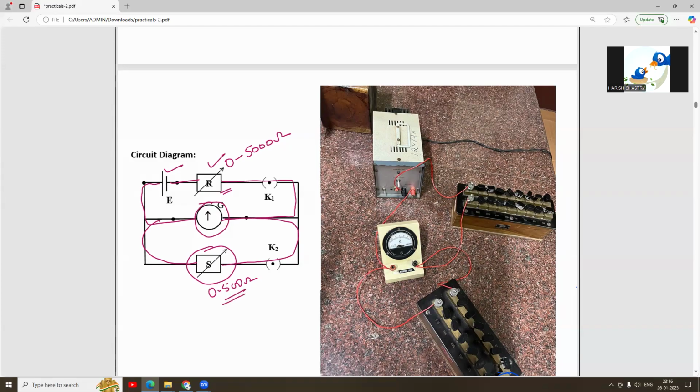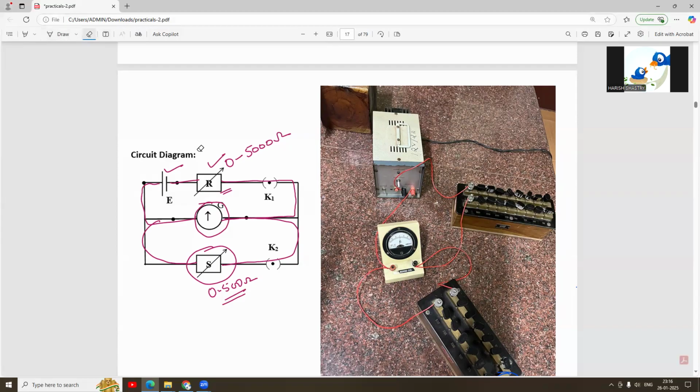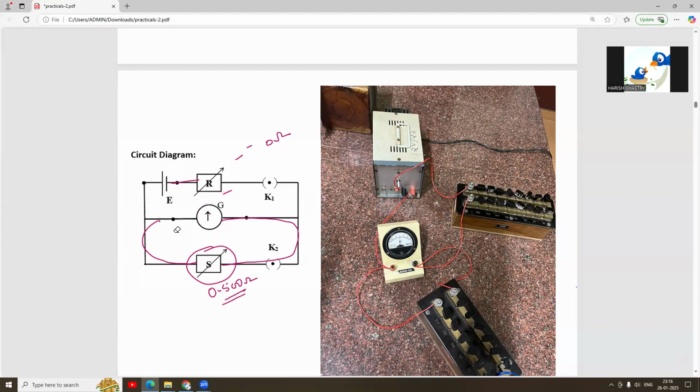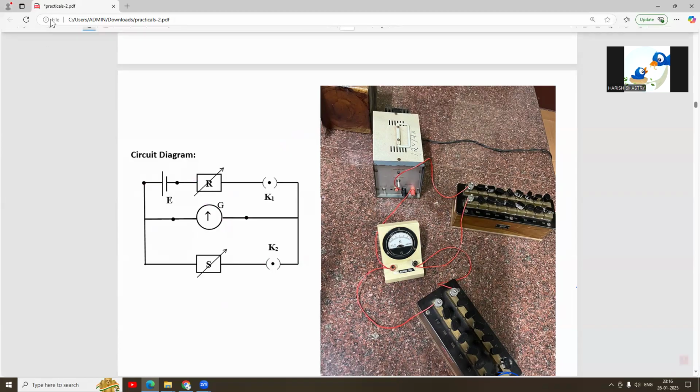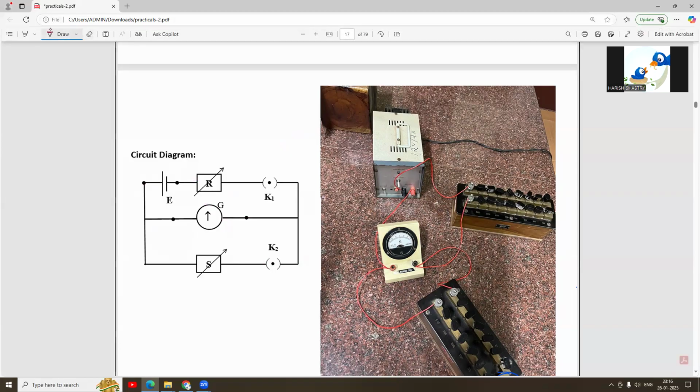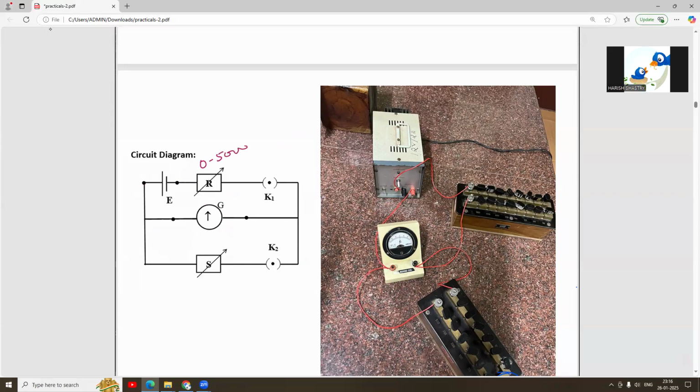Now, how to do this experiment? There is a meaning in this experiment. If you understand the meaning, then it will be very easy. So in the circuit, first you connect the battery along with the resistance box, the 0 to 5000 ohm range. That means the maximum key is 5000 ohm.